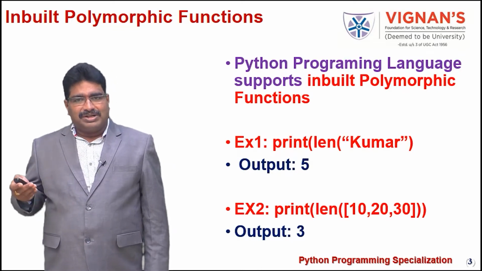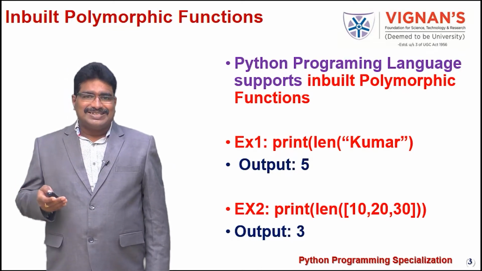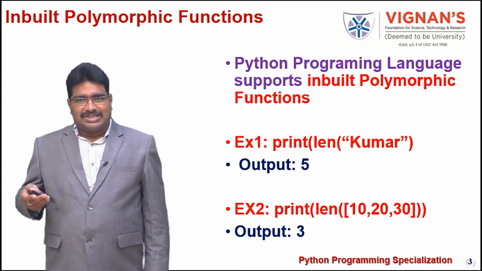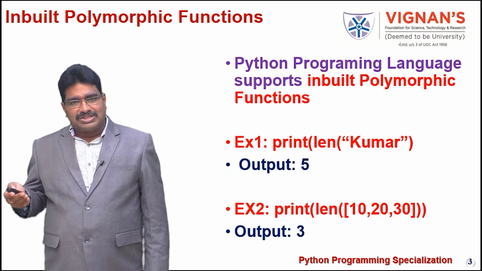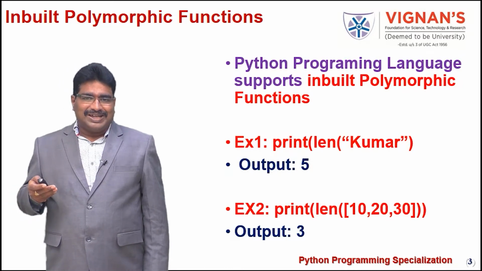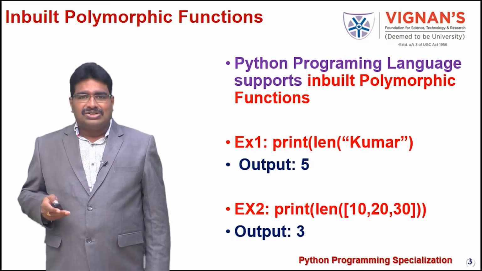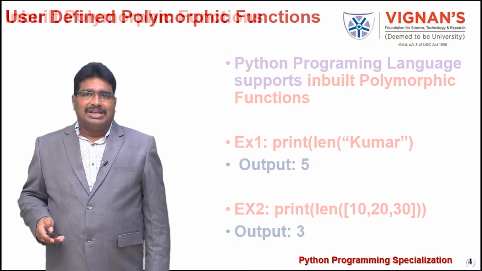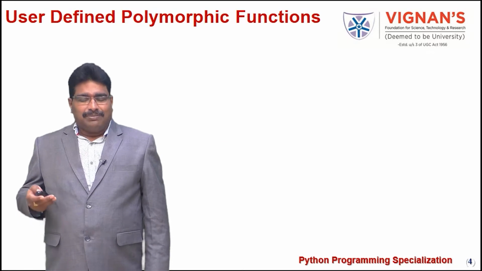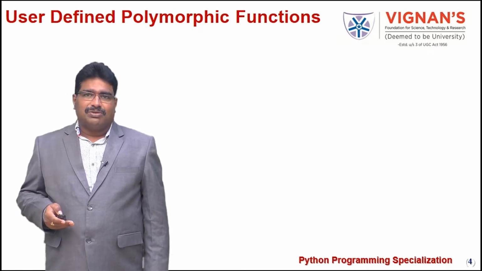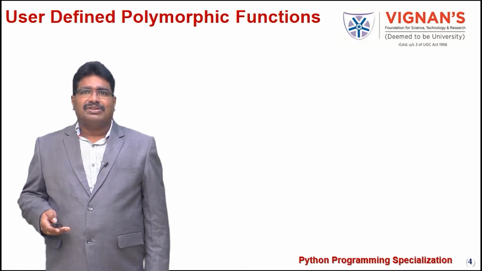If you pass a string, it returns the length of the string, for example 5 for Kumar, and if you pass a list, it returns the number of elements in the list.